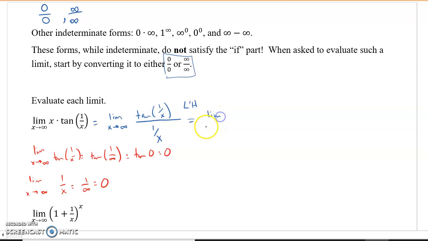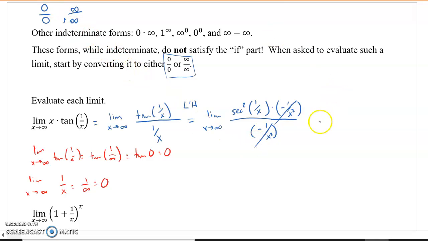So we'll apply L'Hopital's rule, take the derivative of the top, derivative of tangent is secant squared. I forget, does the argument ever change? Of course not. The argument never changes, but don't forget the chain rule. We'll take the derivative of the argument, and that's negative 1 over x squared. Hey, look at that. The derivative of the bottom is negative 1 over x squared. So those are gone, like the noble gas argon.